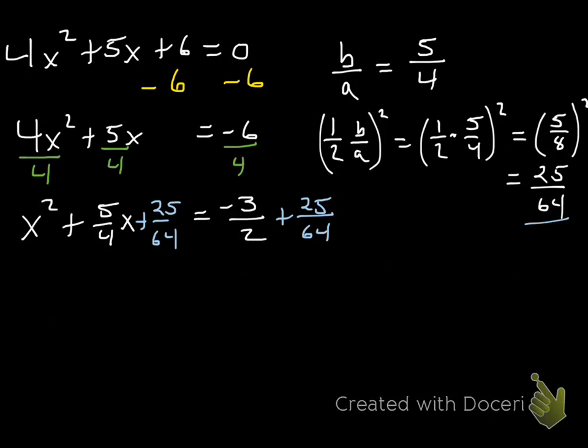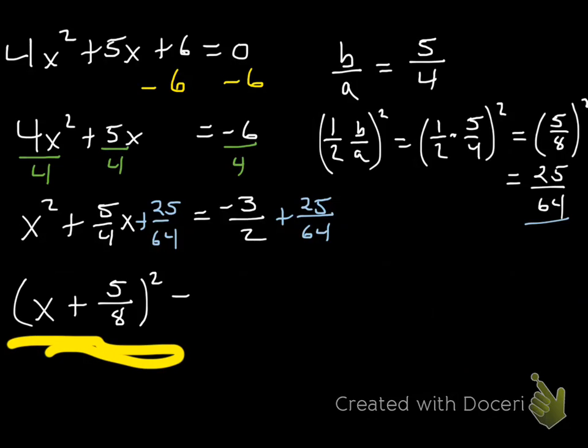So this is a perfect square trinomial. We could check by foiling it, but we say it's x plus 5/8 quantity squared. So you could foil this and check if that really is the case, and it is. And it actually is, when we find that 1/2 b over a, that's always what's going to be in right here. Oh, that's always going to happen.